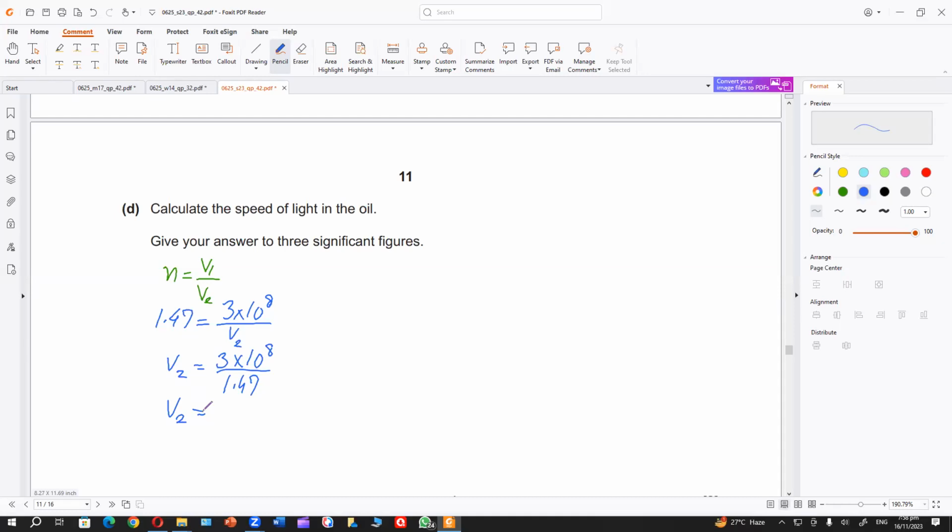Please let me know if you get the answer. 3 times 10 power 8 over 1.47.